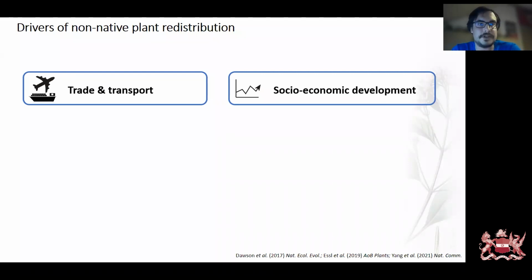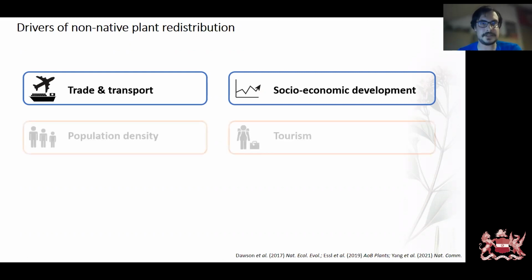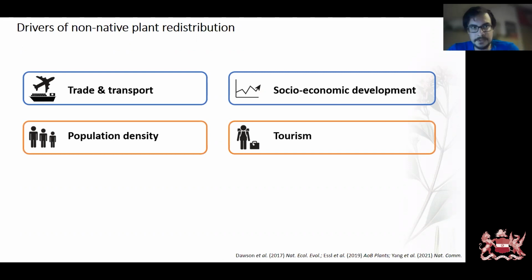Socioeconomic development of regions is also generally associated with an increase of naturalized non-native plants. Also population density and tourism are linked to the redistribution of species, deliberately or undeliberately. Population density also serves as a proxy for the amount of disturbance by humans in nature.